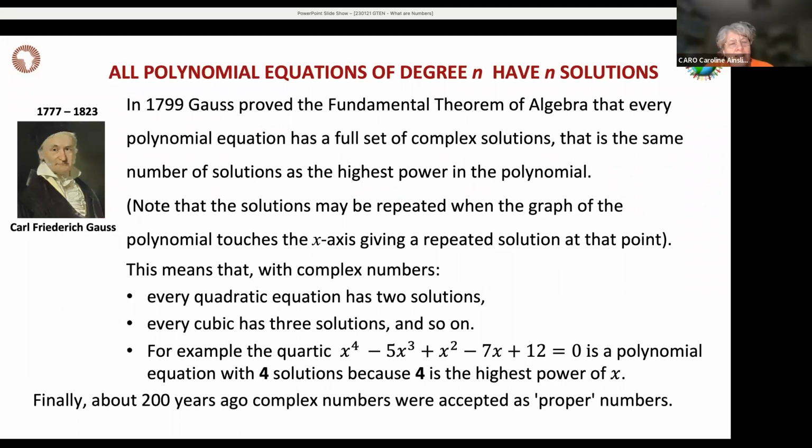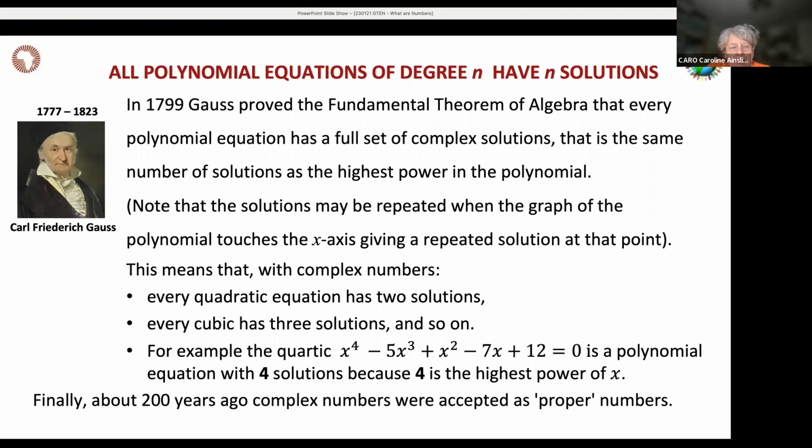In 1799, over 200 years ago, Gauss proved the fundamental theorem of algebra: every polynomial equation has a set of complex solutions, the same number of solutions as the highest power in the polynomial. Bear in mind that solutions could be repeated if the graph of the polynomial touches the x-axis, giving a repeated solution at that point.